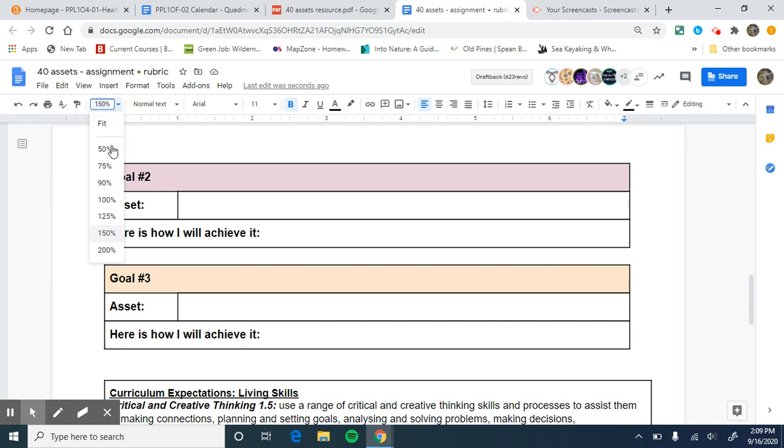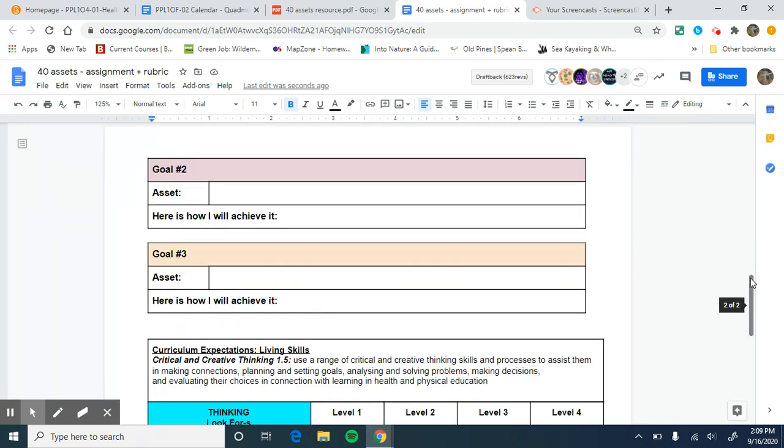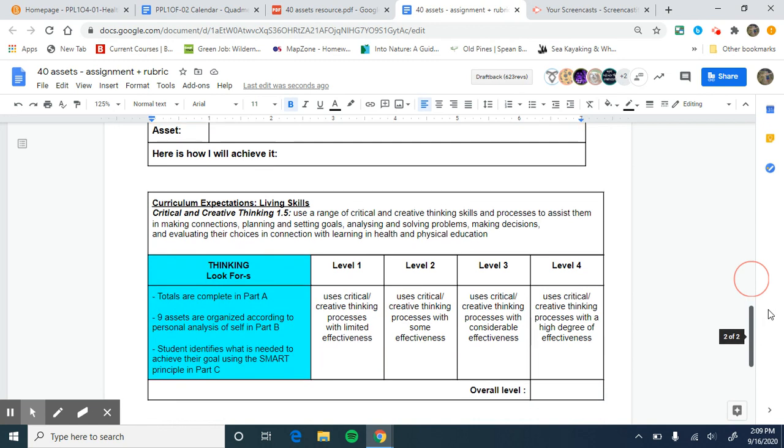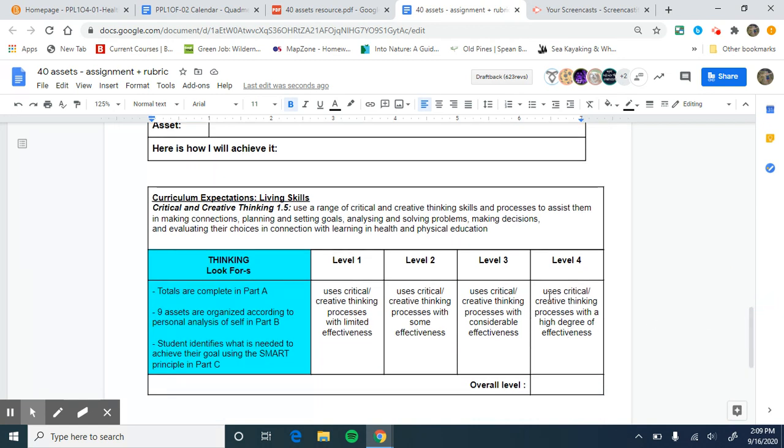Let's talk rubric. How are you being evaluated on this? First of all, this is a thinking mark and it's leveled. So level 4 is that you use your critical and creative thinking process with a high degree of effectiveness. And here's what I'm looking for essentially for you to achieve that. So you need to make sure that in A, your totals are complete.